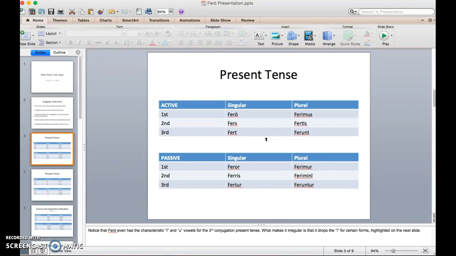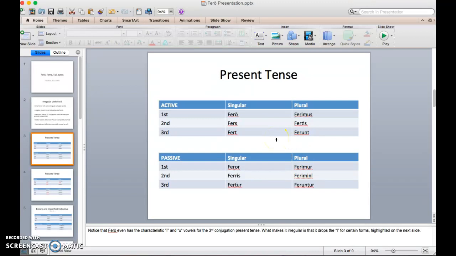First off, remember we said fero is going to be third conjugation in a lot of ways. And one of the ways is that we can see these i's and u's, ferimus, ferunt, or ferimur, ferimini, feruntur, which are reminiscent of the third conjugation present. Remember i's and u's: rego, regis, regit, regimus, regitis, regunt.